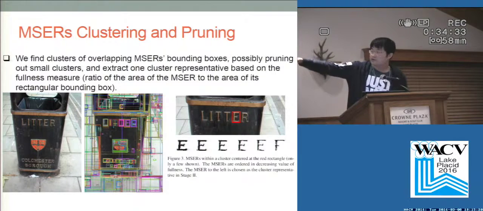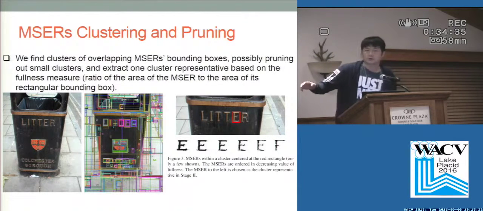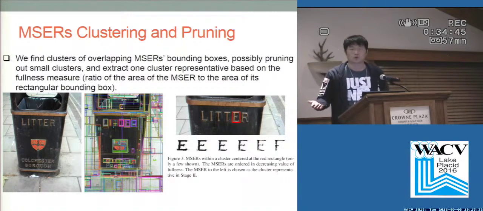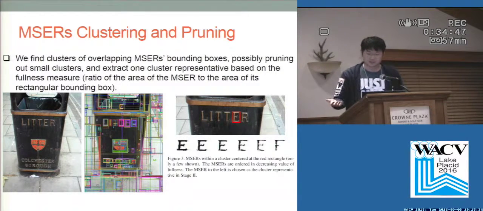We order them by descending order of fullness. The one with maximum fullness is a great choice as the representative, because it corresponds to an over-segmentation result and has a very strong and clean stroke. So it's a good choice to be the representative.